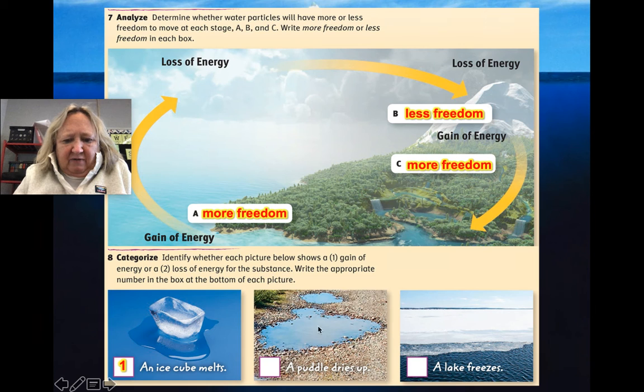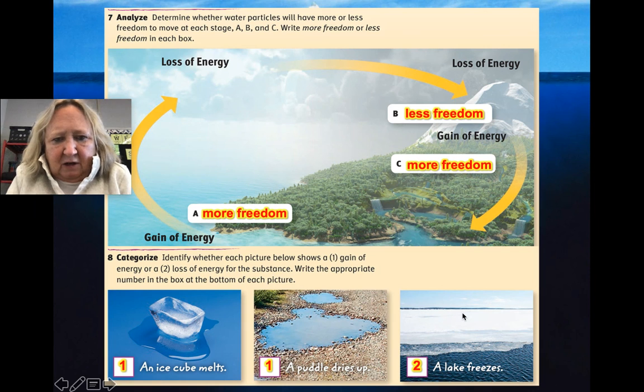Now, here we've got a puddle. It's drying up. It's evaporating. Gaining or losing? Turning from a liquid to a gas, so that would be gaining. And here we have a lake that will freeze like this winter, going from a liquid to a solid, and that would be a loss of energy.